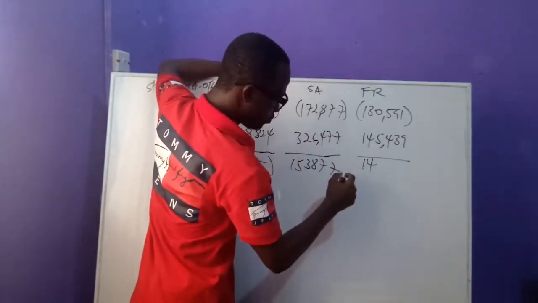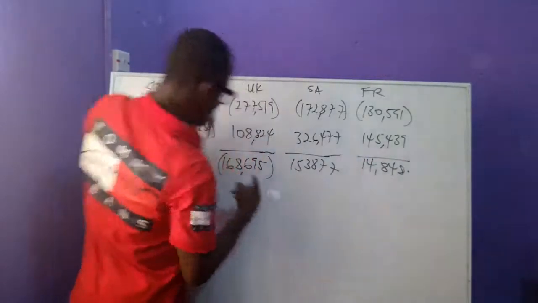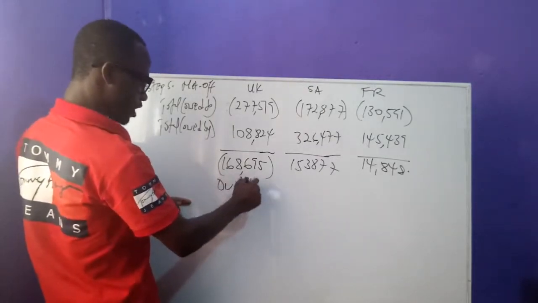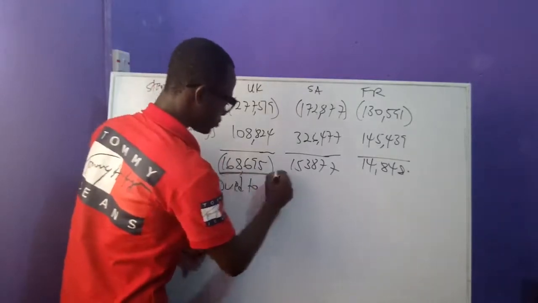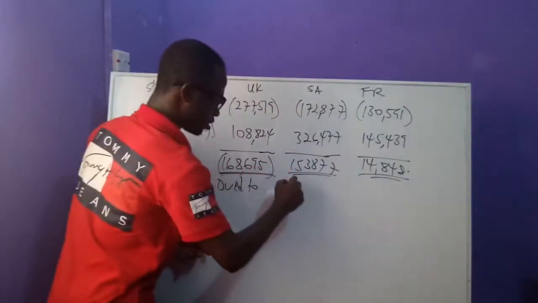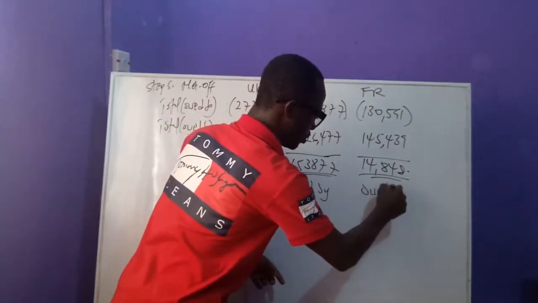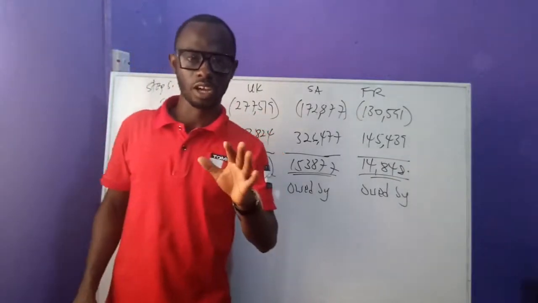So they are also going to be paying 14,848. So the UK company is going to receive this money, but the SA company still owes, and then the France company also still owes. Are you following the picture right here?